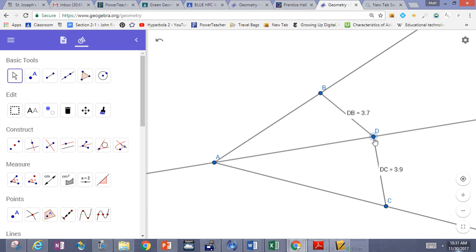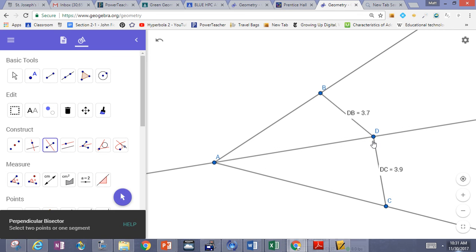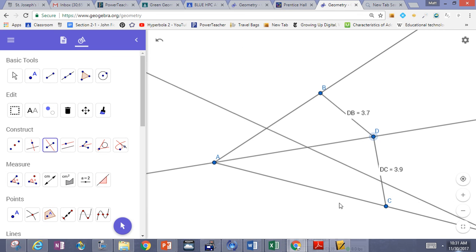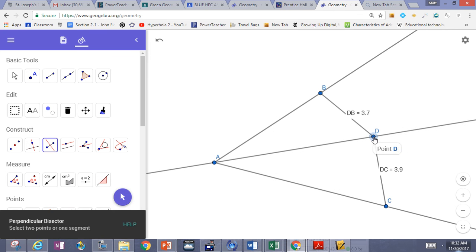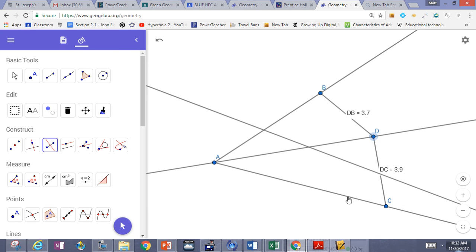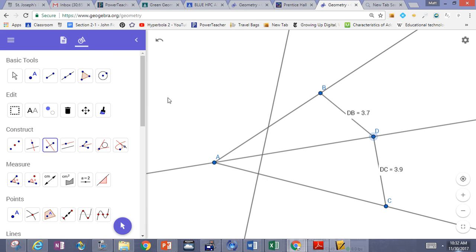So in other words, here's what I'm going to do. I'm drawing the perpendicular from D to this side, and it's not working for me for some reason. Something's not cooperating. So we're going to try this again. That was a perpendicular bisector.